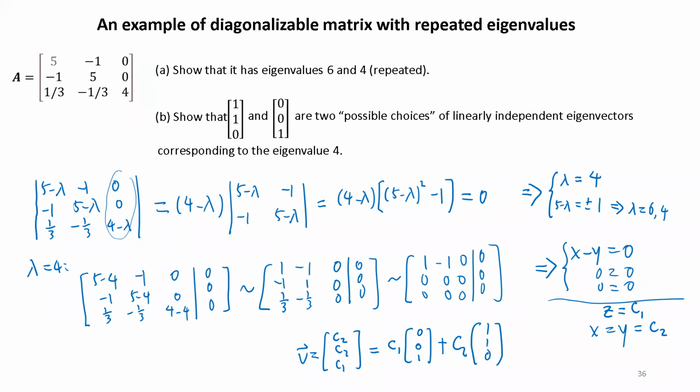So now you see the two possible choices: (1, 1, 0) and (0, 0, 1). Again, as I said, you can pick any other two eigenvectors which lie on the plane formed by these two vectors.